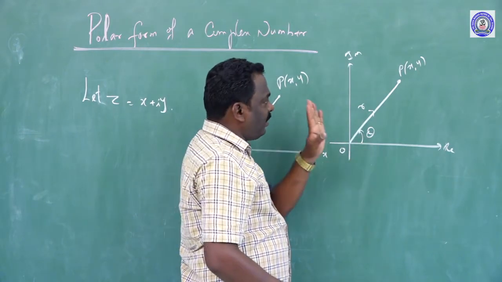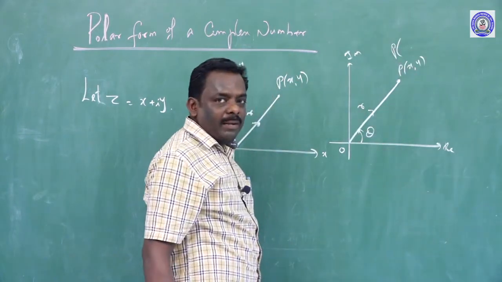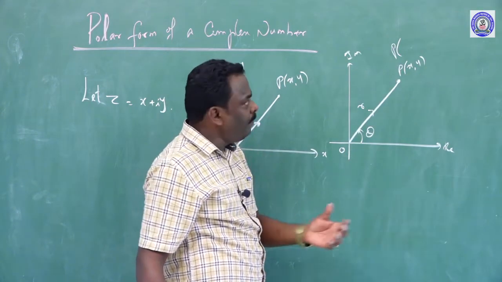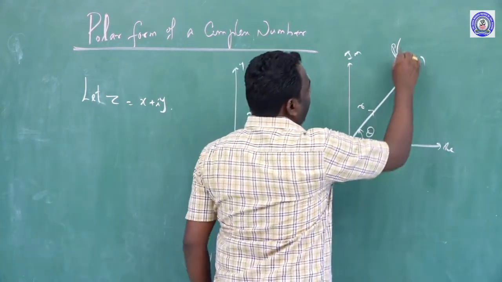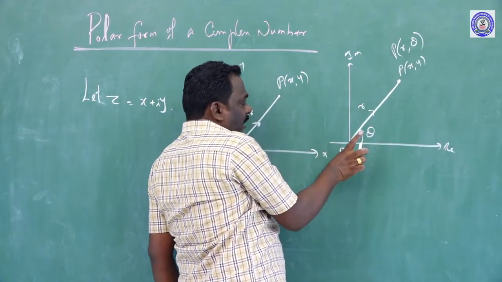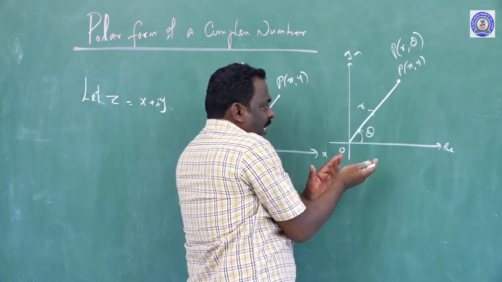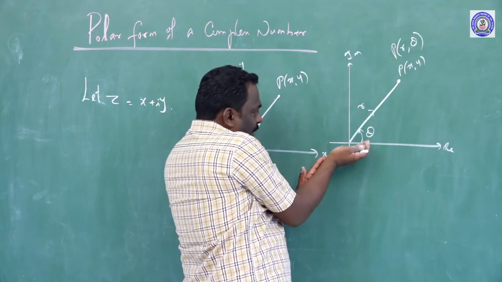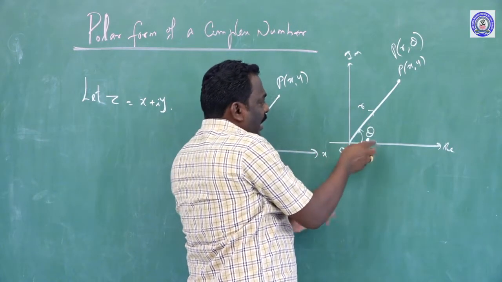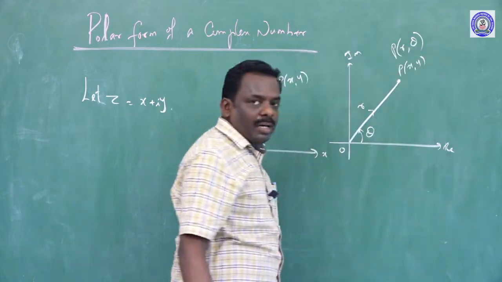Therefore, it is defined by theta. The Cartesian coordinate is x comma y, and the polar coordinate is defined by r comma theta. R is the distance from the origin to the point P, and the angle theta is made with the x-axis, the real axis. It is the angle between the real axis and the vector line OP, and the polar coordinate is defined by r comma theta.